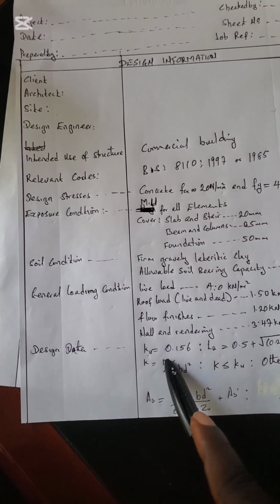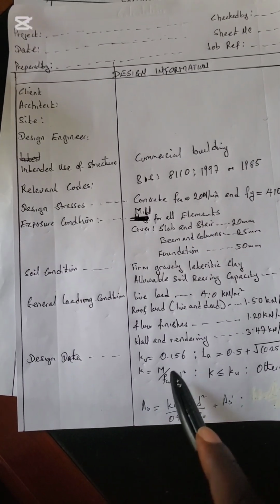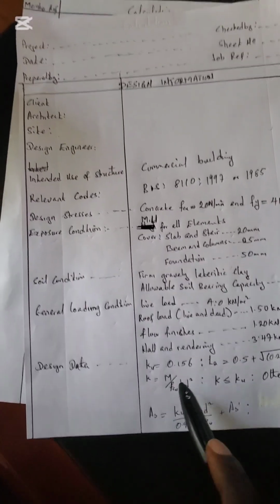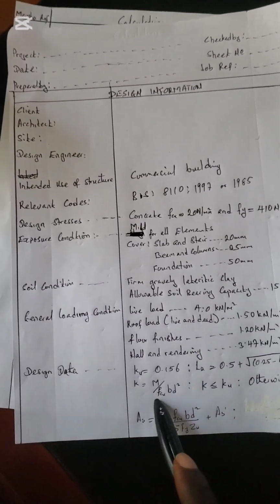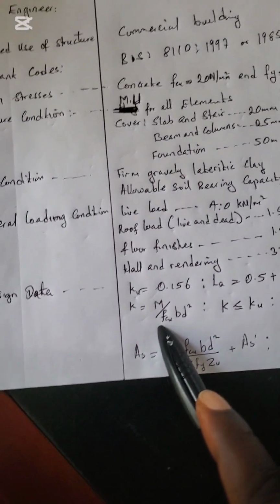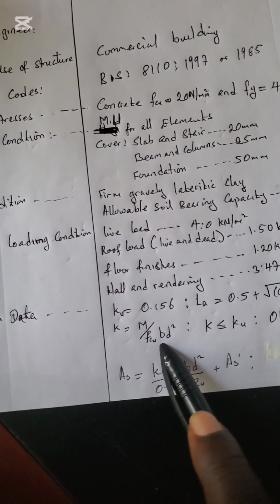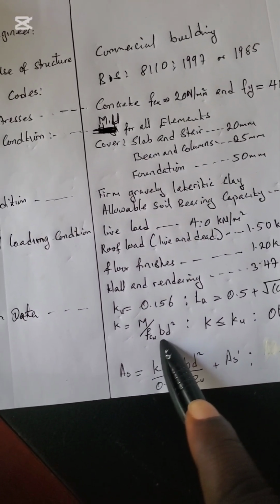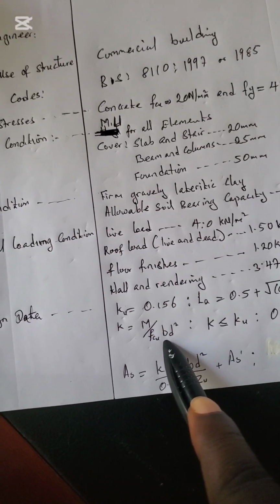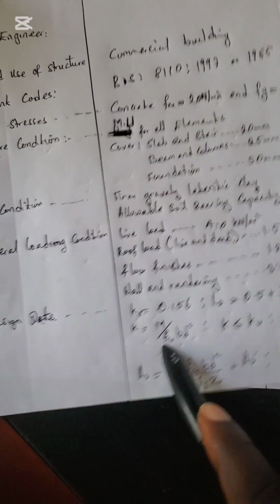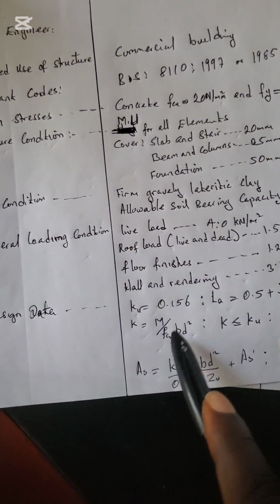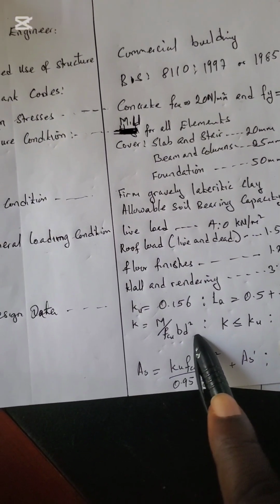K is equal to M over FCU BD square, where M is the moment, FCU is the characteristic strength of concrete, B is the breadth of the concrete, which is always taken as 1 meter for a slab, and D is your depth.